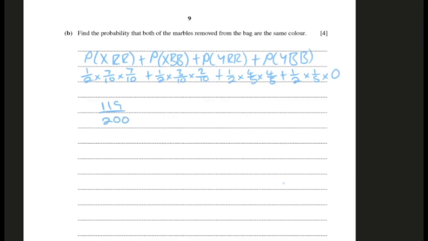Find the probability that bag Y is chosen given that the marbles removed are not both the same color. Okay, so this is conditional probability. The formula for conditional probability is probability of B given A is equal to probability of the intersection over the probability of A. So in this case, A is the given event, given that the marbles are not both the same color.